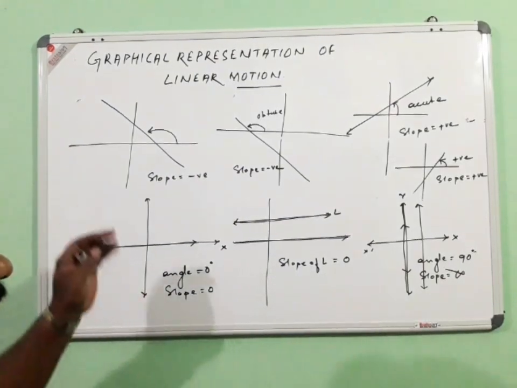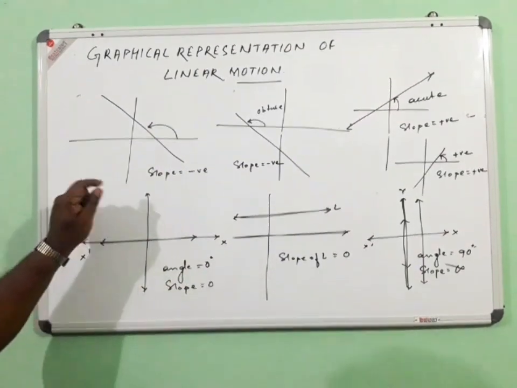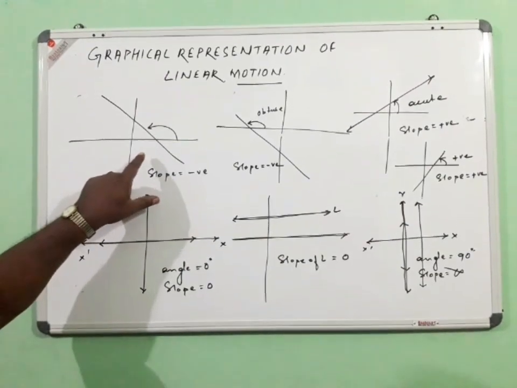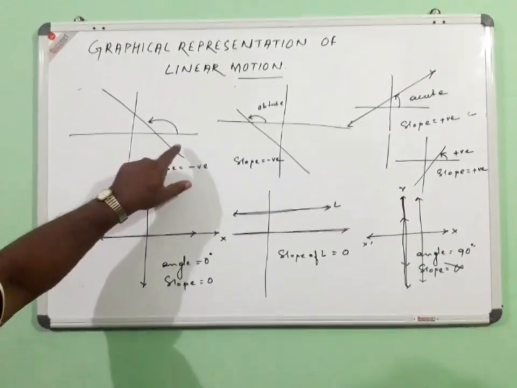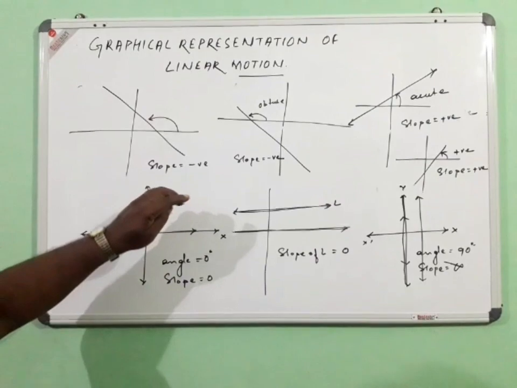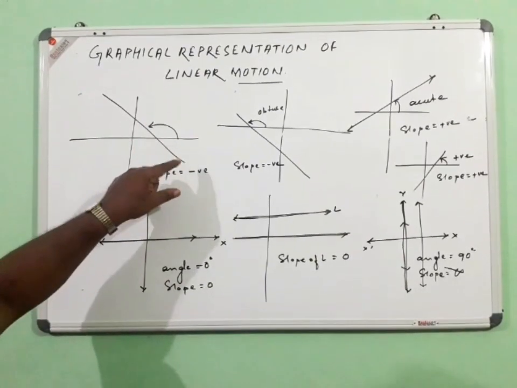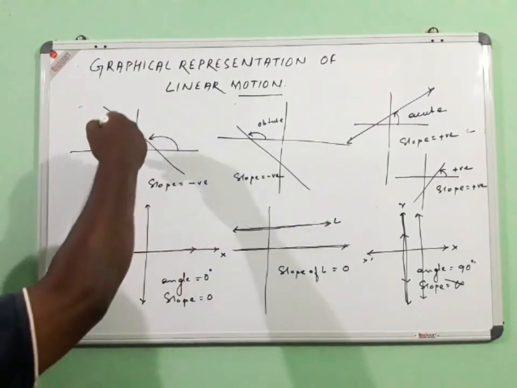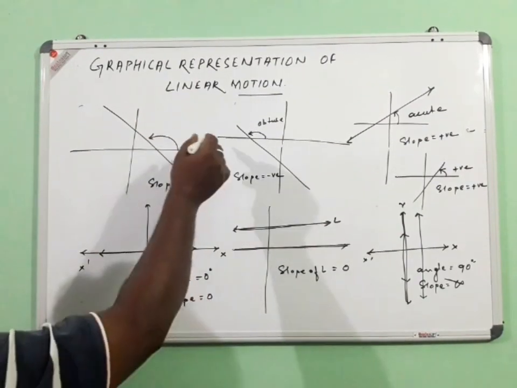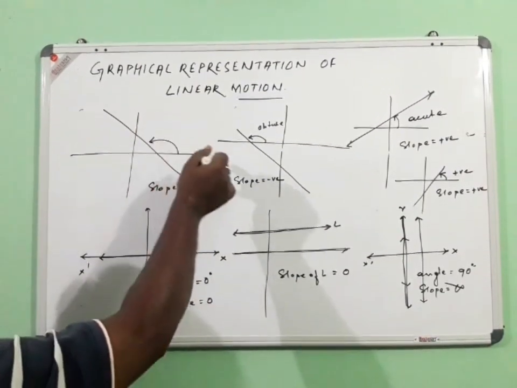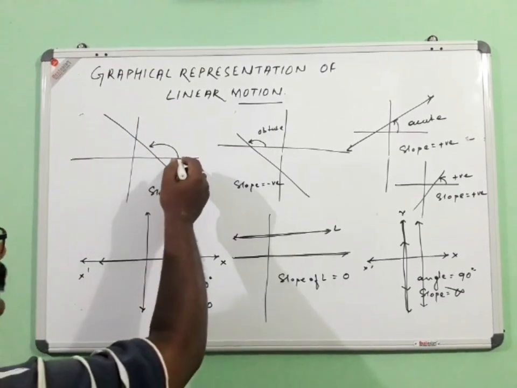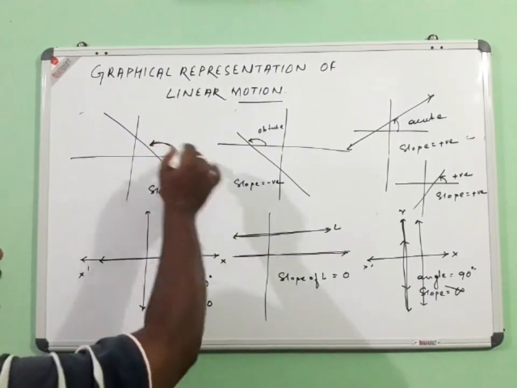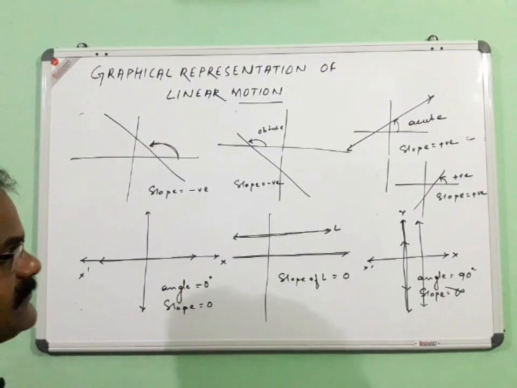All these things you have to remember: first of all, the slope means with respect to the base angle, how much it is inclined. Then we have to see what is the nature of the angle. If the angle, when it measures anti-clockwise, just imagine how my hand moves. It moves in anti-clockwise direction, and if it is obtuse, then it is negative.